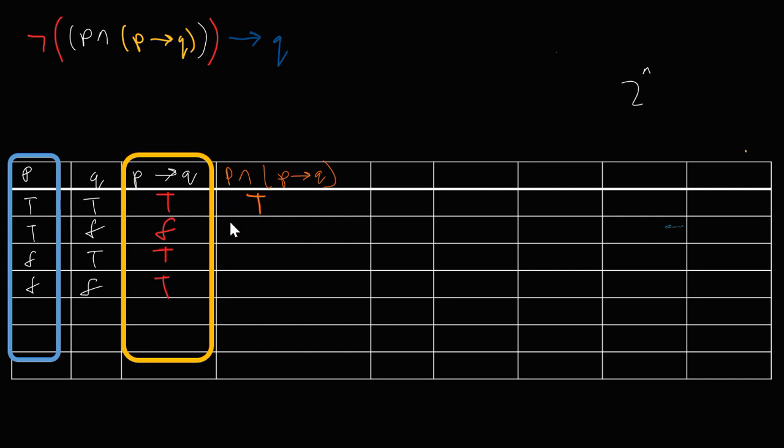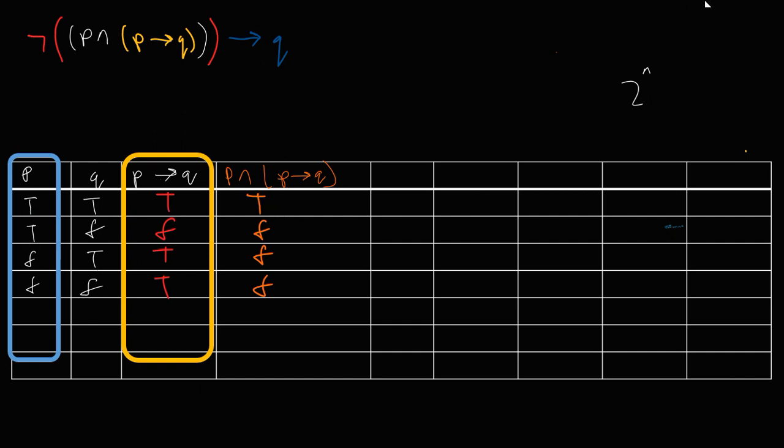Here the first one is obviously true, the second one is obviously not true, this one is not true again, this one is not true. This is only where it was true.